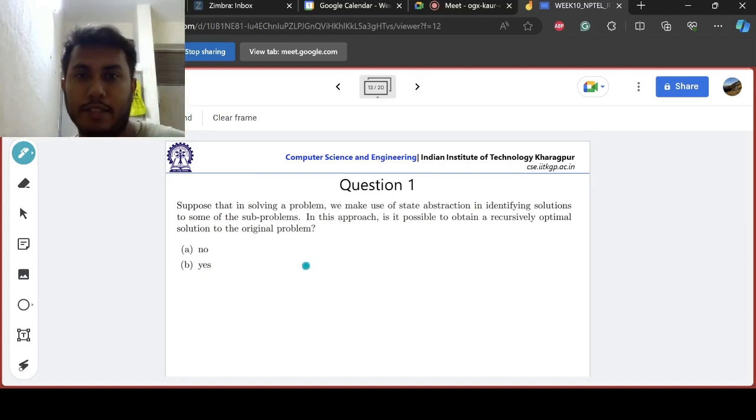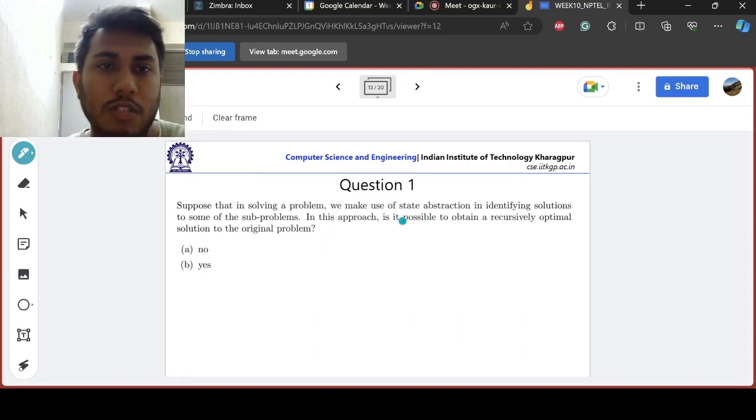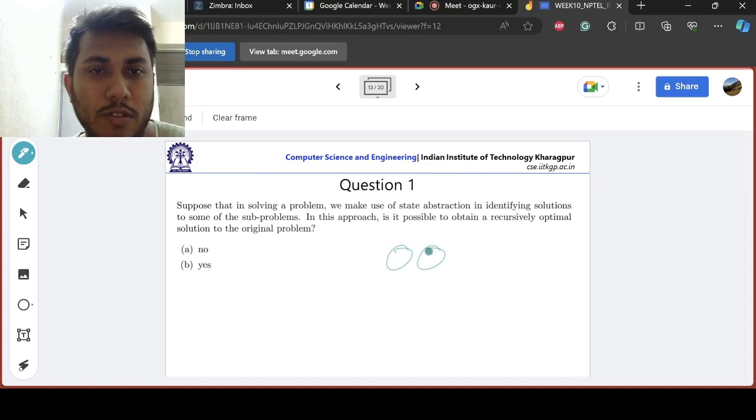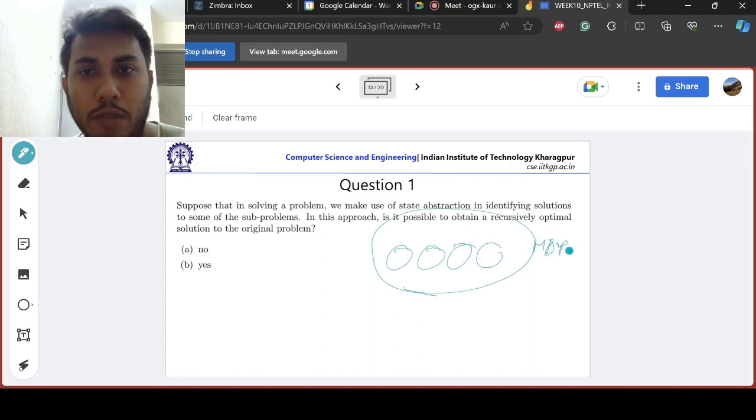So what it says is that we use state abstraction identifying solutions to some sub problems. So you have some sub problems to a whole MDP problem. You are recursively finding the optimal solutions to these sub problems.